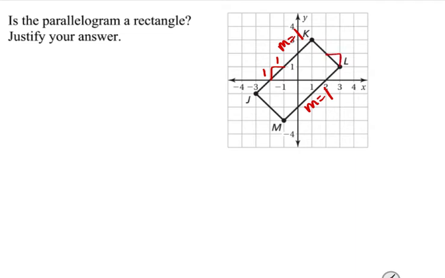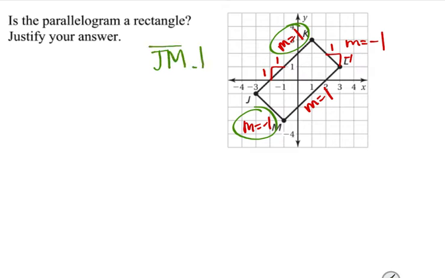Right here, this is a slope of -1 over 1, which is -1. And this is a slope of -1. So if we compare these slopes, they are perpendicular. So line JM is actually perpendicular to line JK.